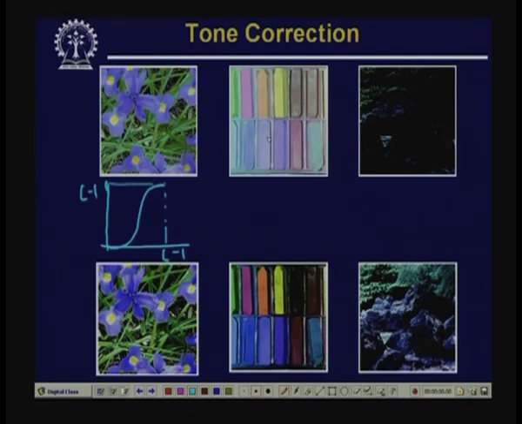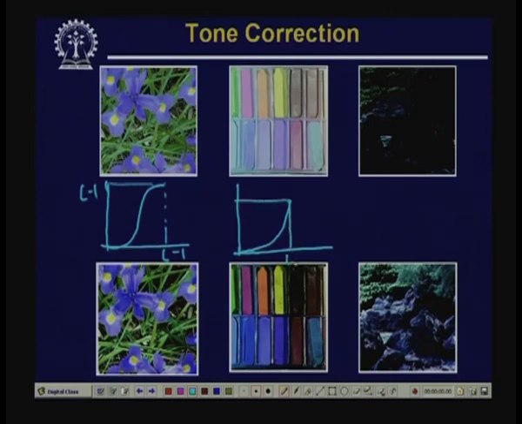Similarly, for an image whose tone is light, here also we can apply a kind of transformation. What is needed is that this image should appear darker, and then that will be a corrected image. So, the kind of transformation that we can apply is something like this.